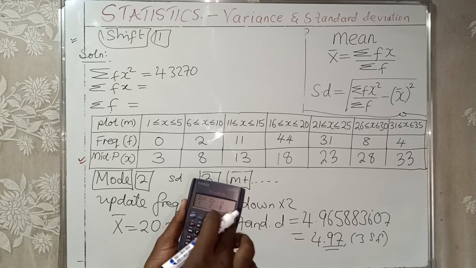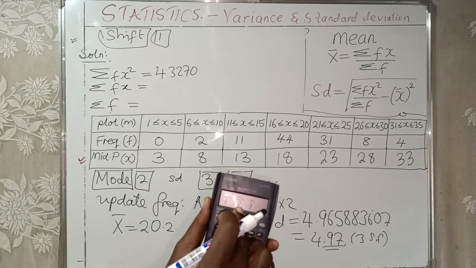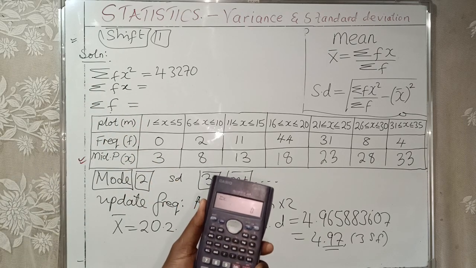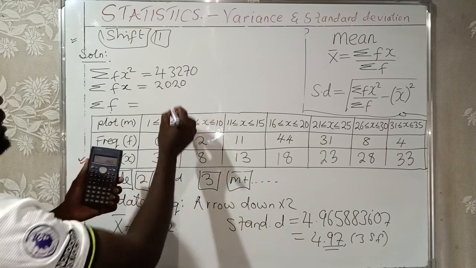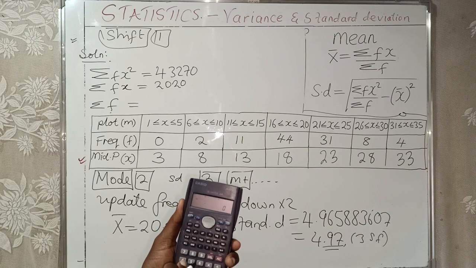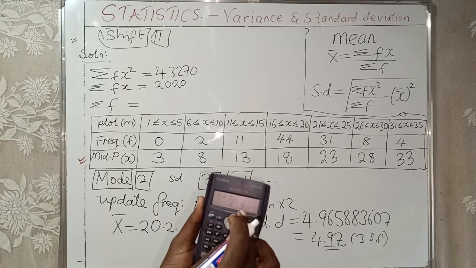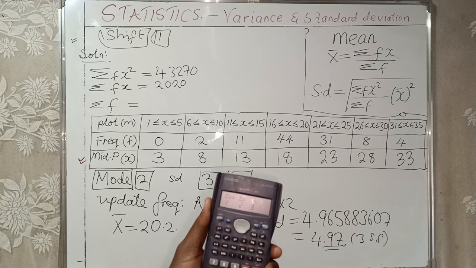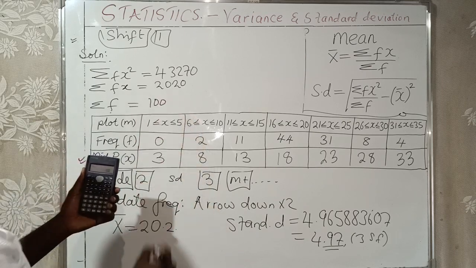The screen shows this. Now, sum of fx is equivalent to number 2. So press 2 and say equals. You see your 2020. And finally, when you are looking for the total frequency, again you say shift 1. And the total frequency is equivalent to number 3. So you say 3 equals. And you see your 100.